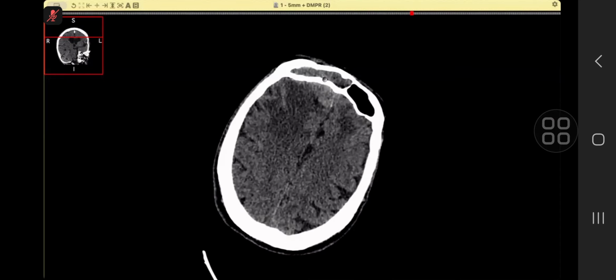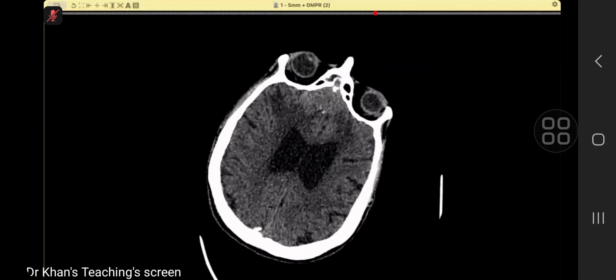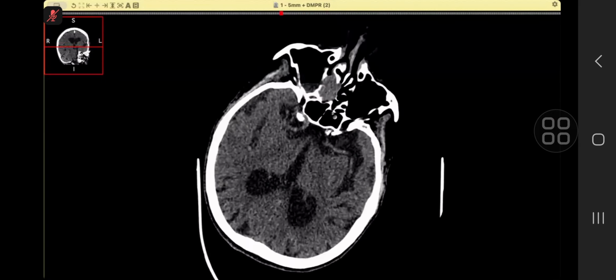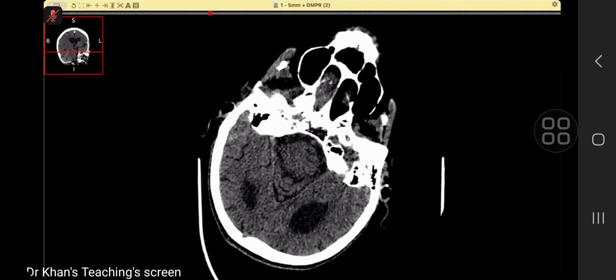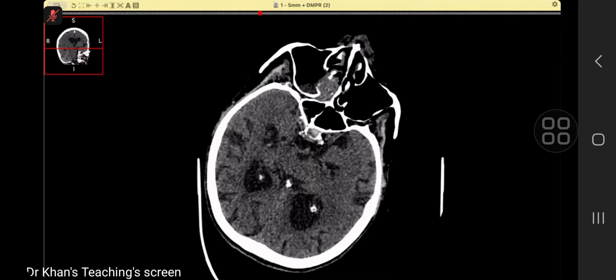Look at the sinus. There is a bit of high density, which might be because of chronic changes. As we go, the candidate did very well and picked up this lesion here. And you can see in the nasal cavity how it is causing expansion of the medial wall. So something is sitting there.